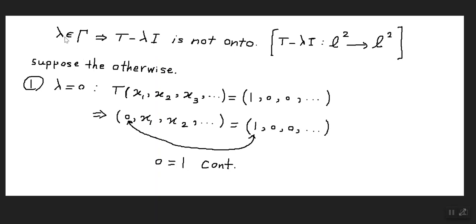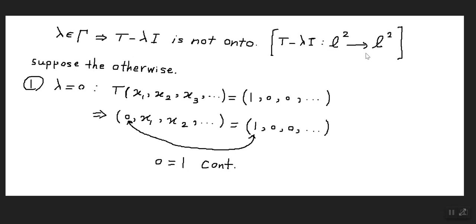So take lambda in gamma; we have to prove that T minus lambda I is not onto. Just to recall, T minus lambda I is a bounded linear operator on L2. Suppose otherwise, that T minus lambda I is onto.